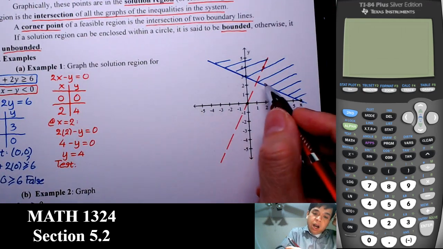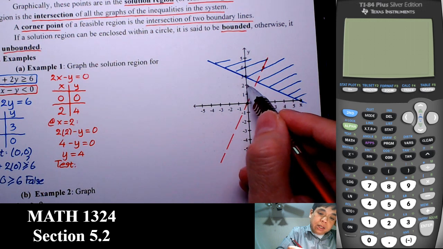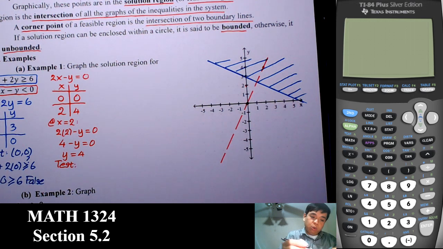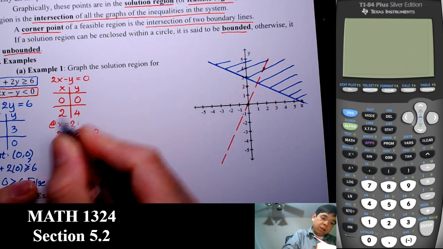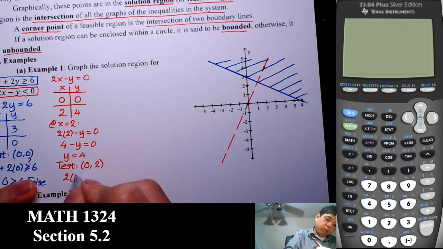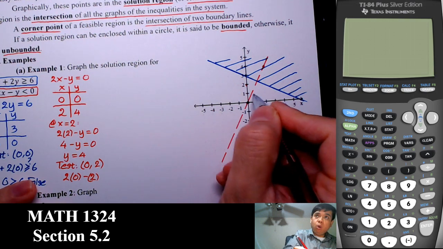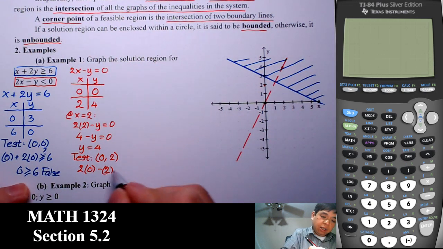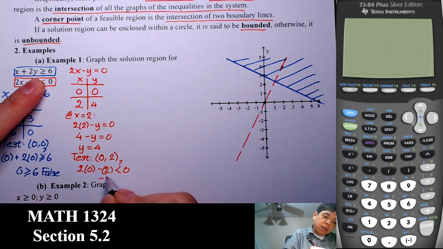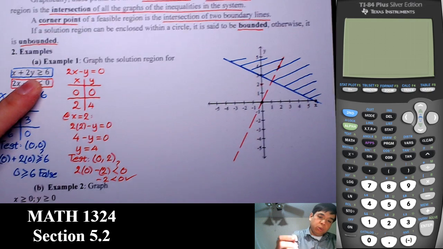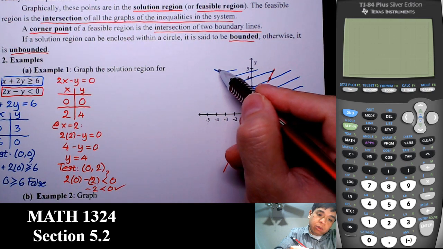Now to test, we can choose anything. Let's choose this point, x equal to 0, y equal to 2. Put 0 for x and 2 for y, because we can just take any point not on the line to test. And is it true? So negative 2 less than 0, so that is true. So we will shade the region that contains this point. So we go like this.